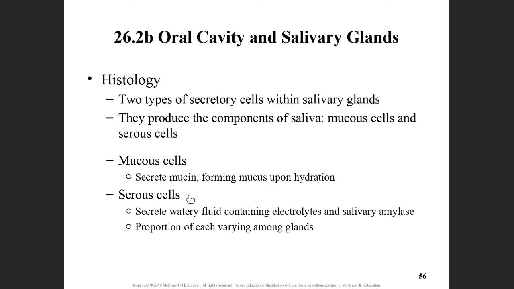And the serous is a watery secretion, which is secreted by the salivary gland. It contains electrolytes and amylase. The amylase is the enzyme which can start digestion of carbohydrate, and the carbohydrate which we have here is called amylose.